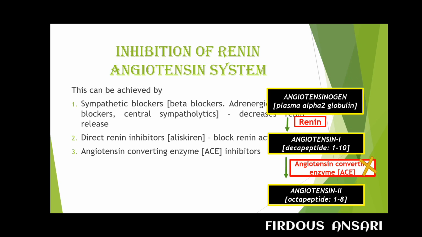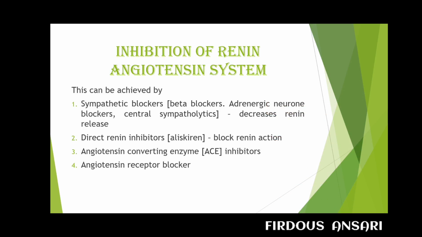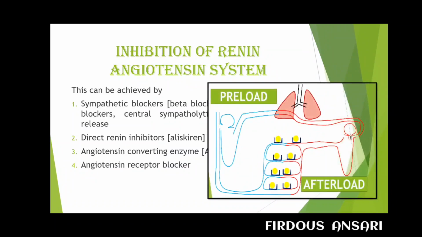Another class of drug are angiotensin receptor blockers, by blocking the receptors. So we know these receptors are present on the arteries, on the veins, as well as on the zona glomerulosa of the adrenal cortex. Okay, when we block the receptor present on the zona glomerulosa of the adrenal cortex, there will be inhibition of aldosterone secretion.